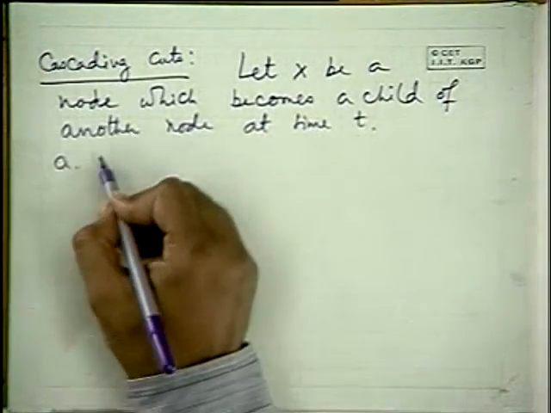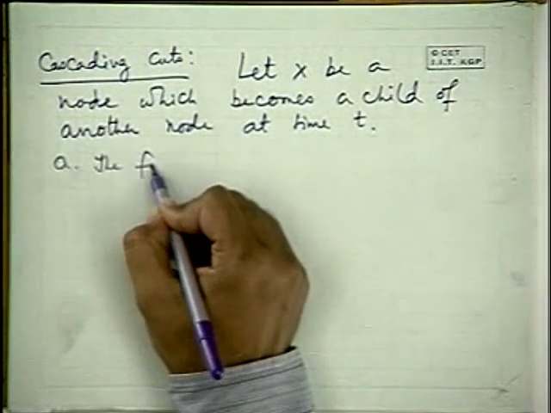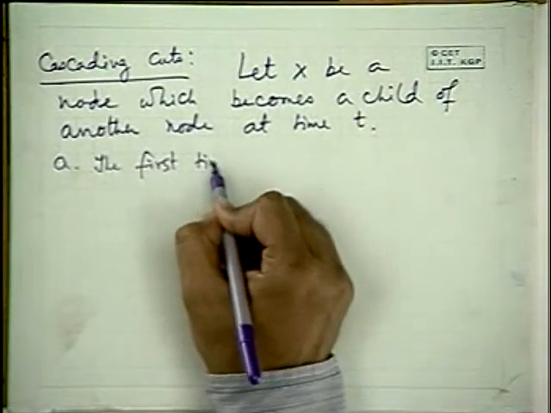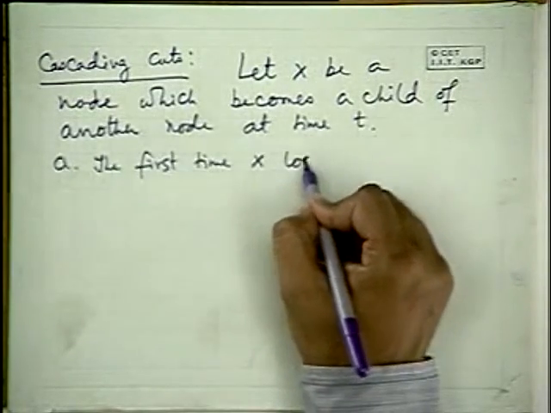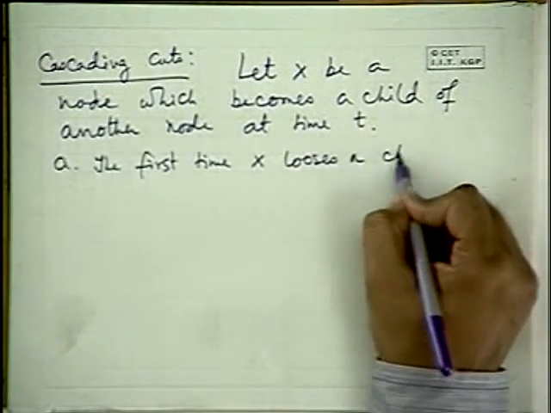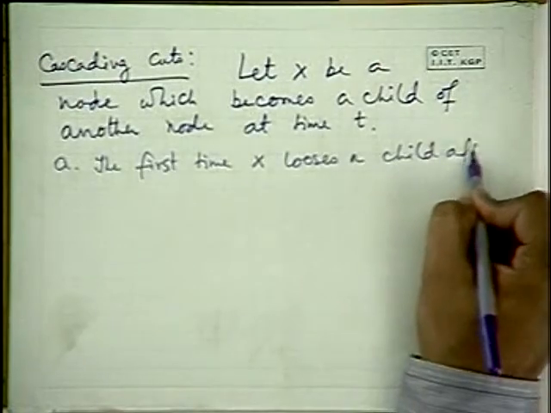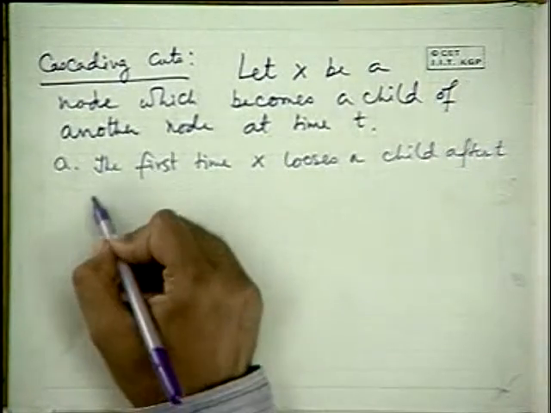Now there are two things. A, the first time X loses a child after t, it is marked.